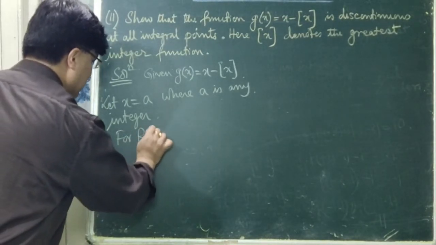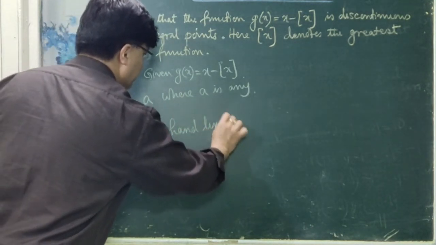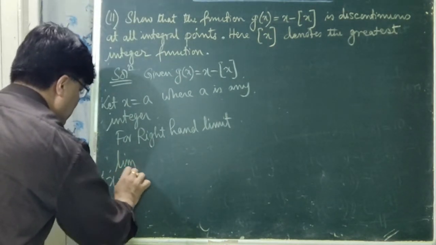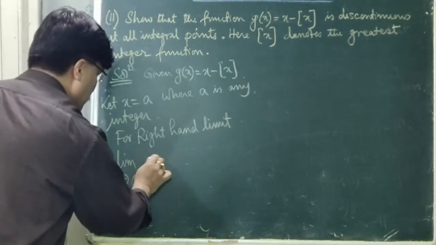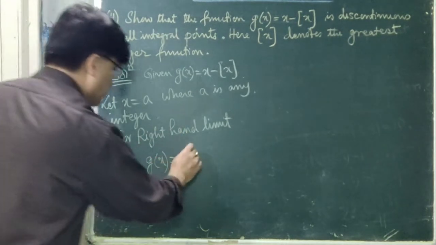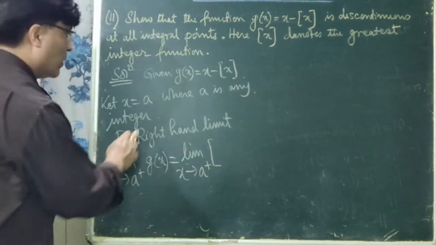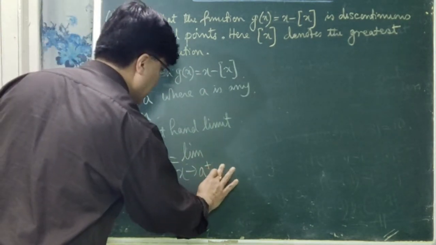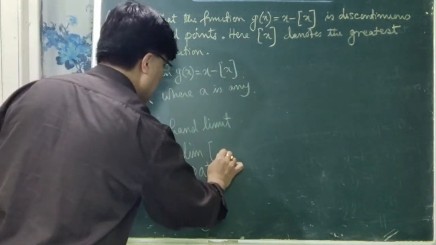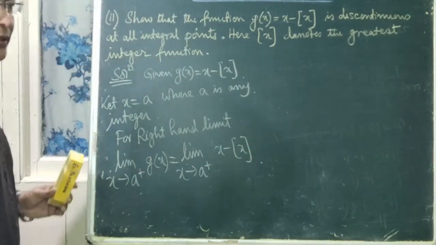For right hand limit at x is equal to a, how will you write it? Limit x tends to a plus g of x, which is equal to limit x tends to a plus. What is the value for g of x here? It is given as x minus within third bracket x, right?